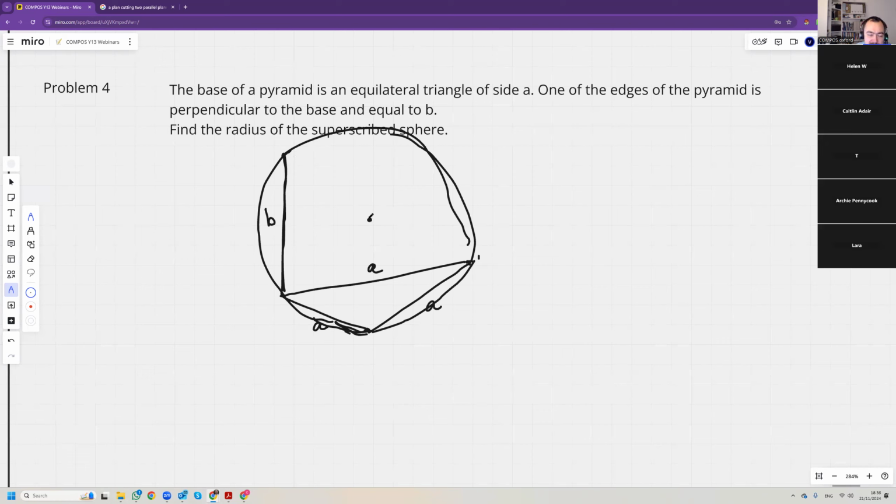So here's the center of the sphere, O. Let's label this A, B, C, and let's call it D. So let's draw some lines. This is the radius. This is the radius. This is the radius. And this is the radius.